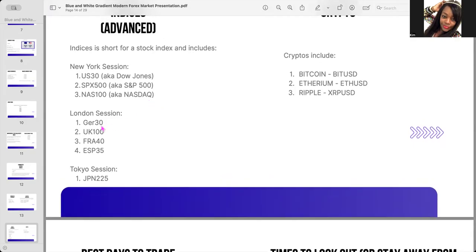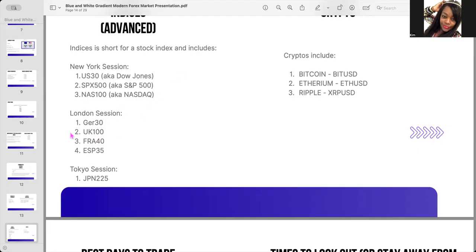During the London session, you have the GER 30, the UK 100, the France 40, and ESP 35. Now, ESP 35, I've never heard of that one, but you would trade these during the London session.